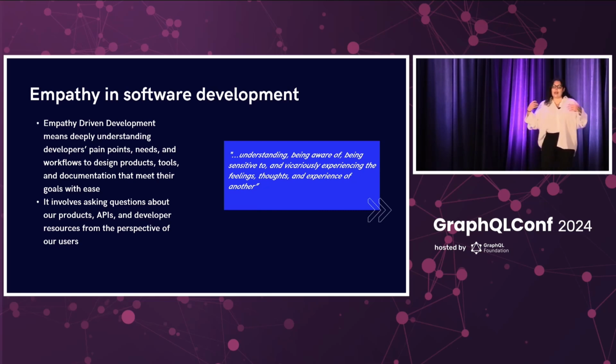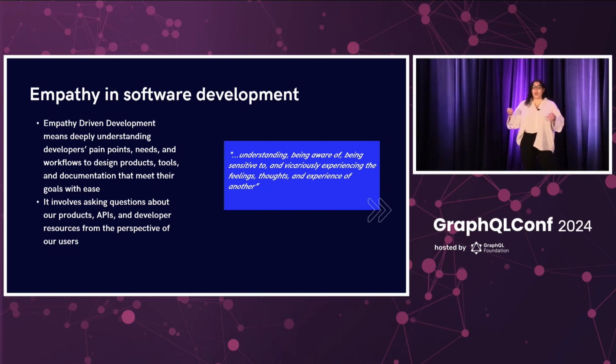And I like to think of empathy at this stage because we really need to be anticipating our developers' pain points, their needs, how they work, the tools that they're using early on when we're actually writing the code and when we're developing these experiences for them to make sure that we're building products that are intuitive and that help our developers and surprise and delight them.